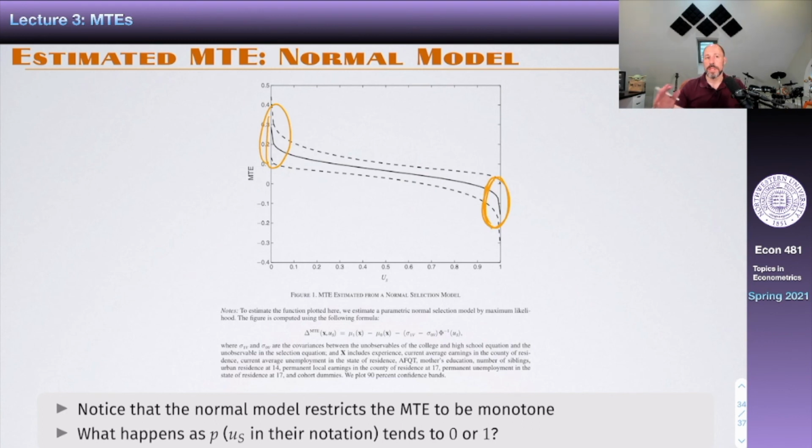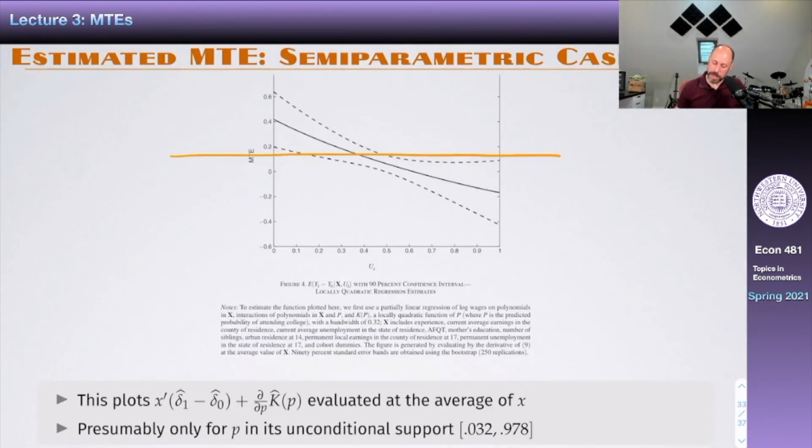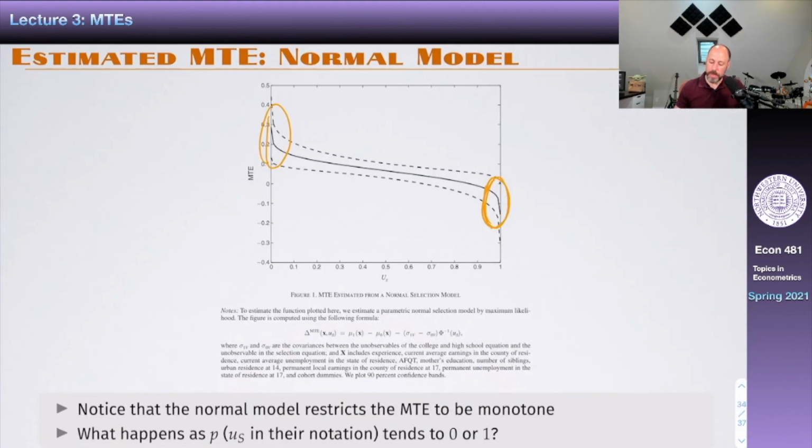Remember, that's where things start being fishy. As I wrote here, the unconditional support of the propensity score in this application is between 0.3% and 97.8%. So it varies a lot, but still you can't get to 1 or 0. And then everything that is going on at the tails here is just driven by the parametric assumption.